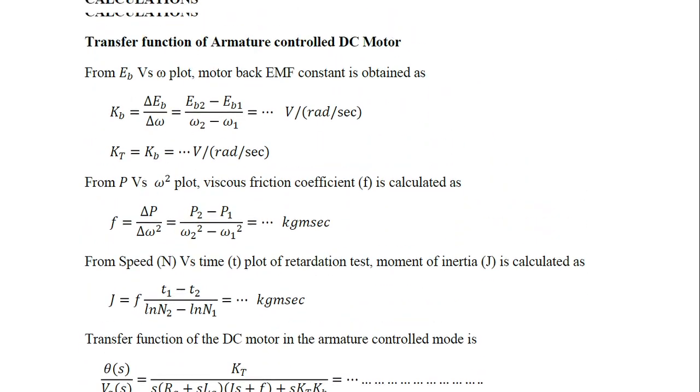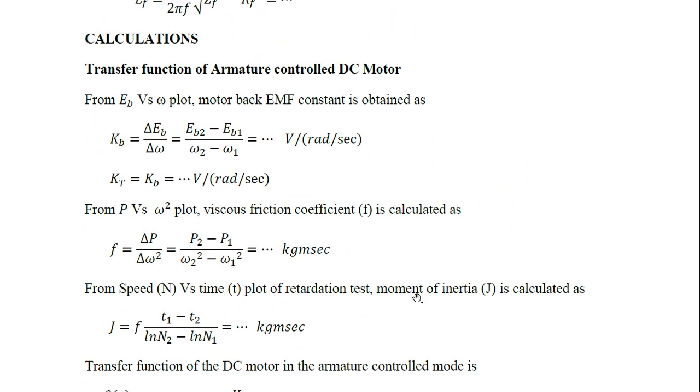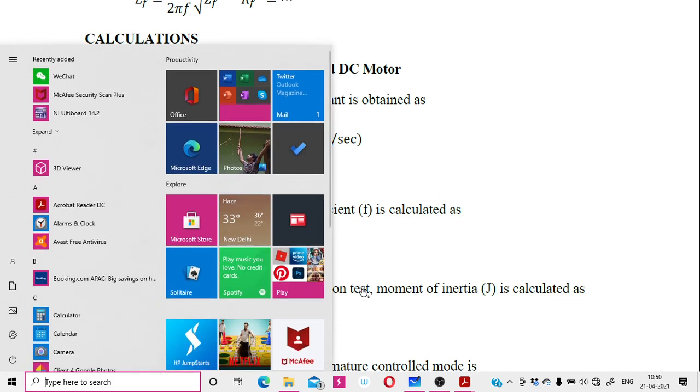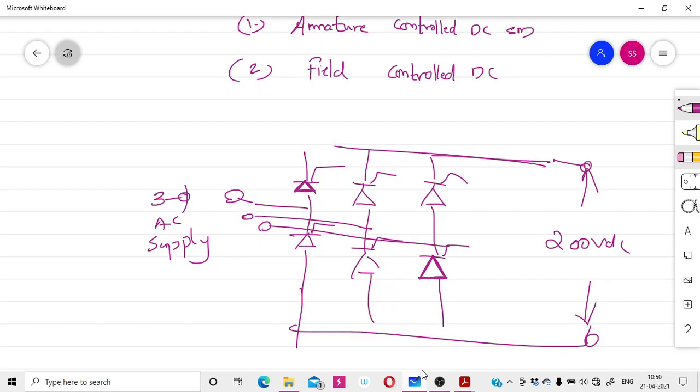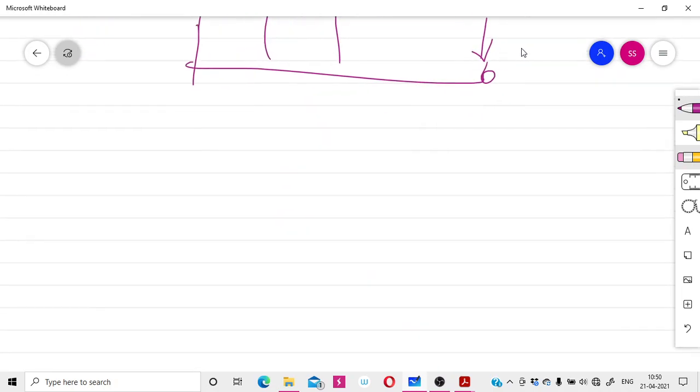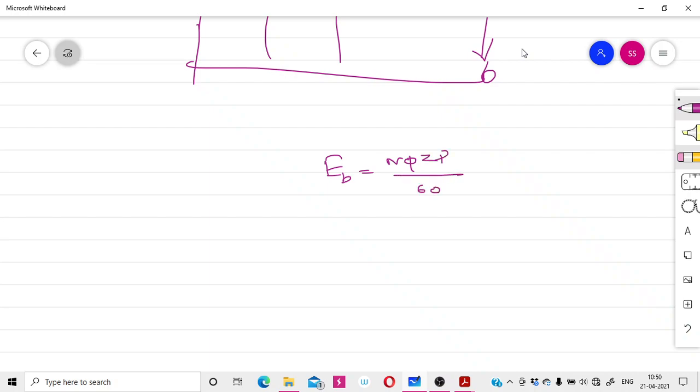Why? Because we have the equation EB is equal to N phi Z P by 60 A, and from this we have written EB is equal to Kb into N phi.